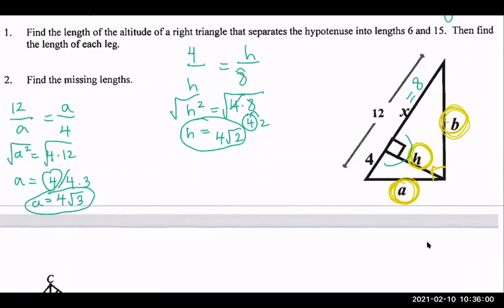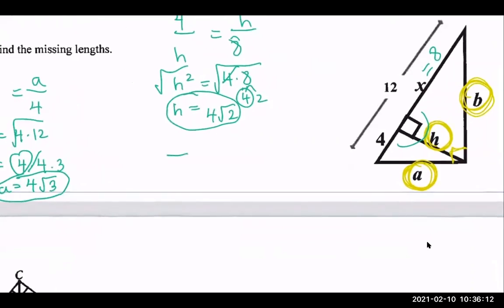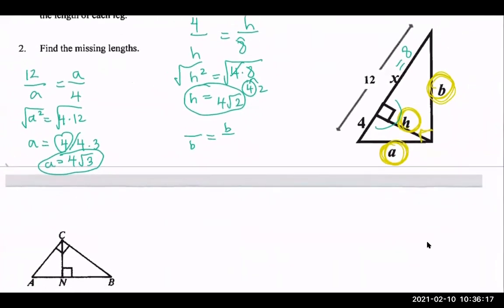Okay, let's try now to set up B. And it's crazy at first and then it gets easier once we figure out the patterns. Okay, so B is your other geometric mean. So I'm gonna put B and B here. Okay, so this time it's this leg. So we want the whole hypotenuse and the piece of the hypotenuse that's closest to B. So what are your two numbers for this proportion? Good, Joanne. Very nice, you guys.